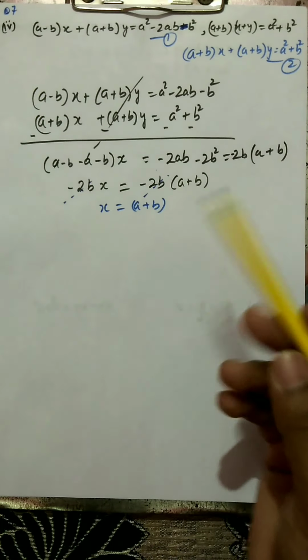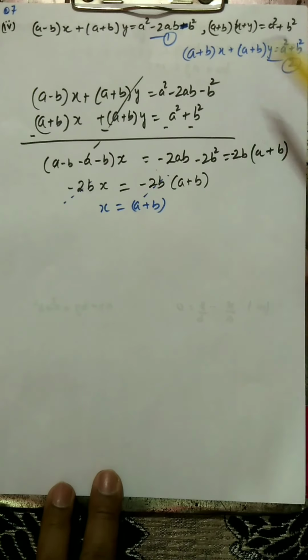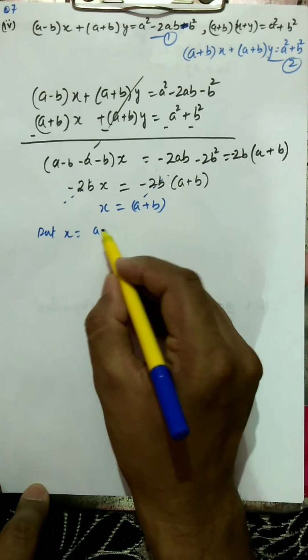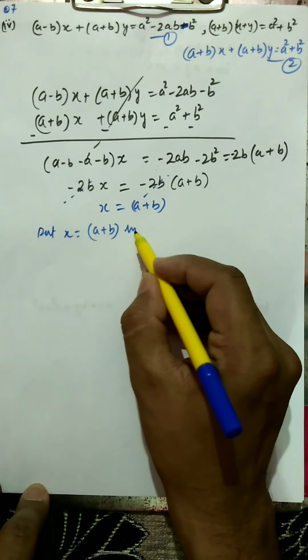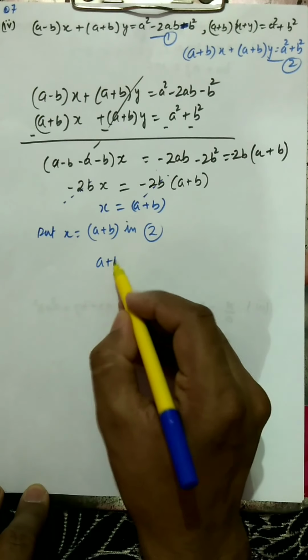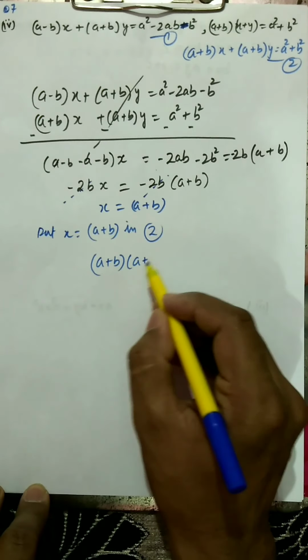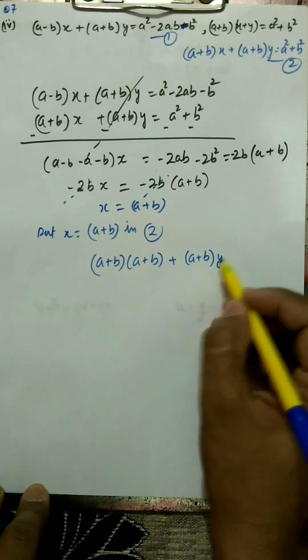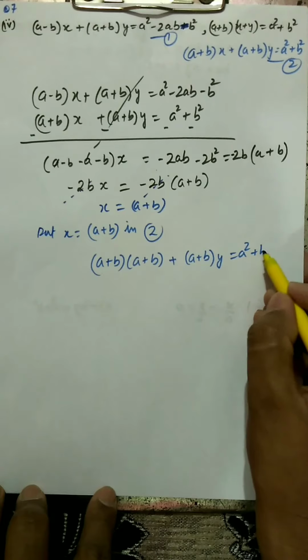Now we solve for y. Put x equal to a + b in equation 2. So you will get (a + b) times (a + b), and this is going to be plus (a + b)y, equal to a² + b².